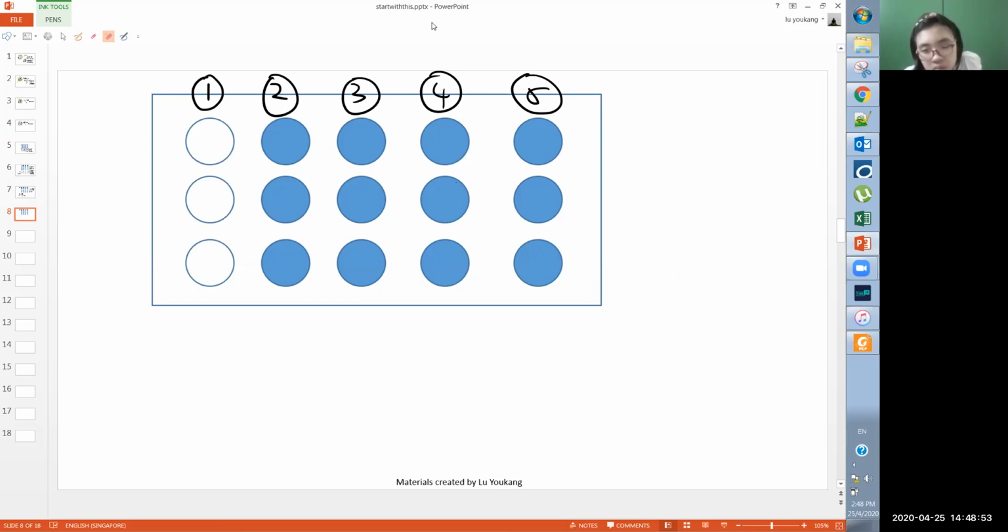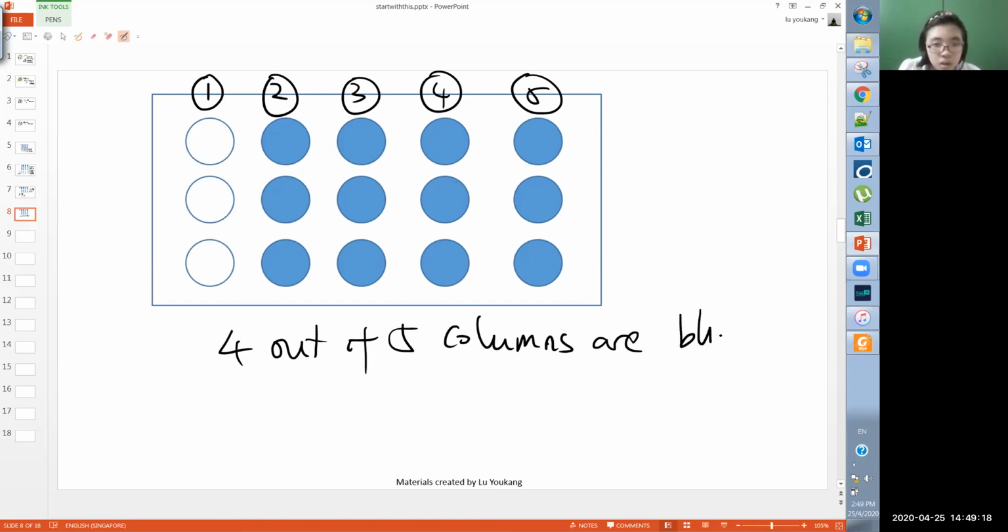Do you know you can use a notate here? Just now what you say? How many columns are blue dots? Say 4. 4, right? So 4 out of 5 columns are what? Blue dots, right? So therefore 4/5 times 15 will give you the blue dots.